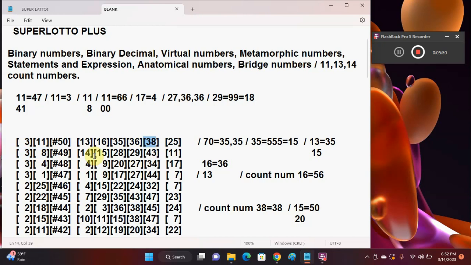But what we're going to talk about right now is this powerful sequence. It's the 70. Now let me explain the 70. The 70 is equal to a 35-35 sequence. Whenever you get a number like a 7 that links to a 0, that makes 70, and that's a very, very powerful sequence. What you're going to get is a 35-35 sequence.